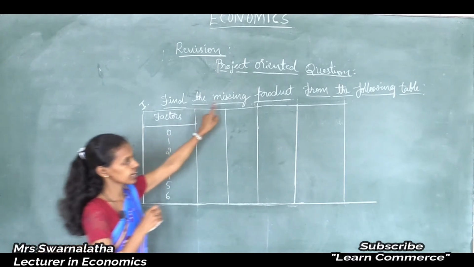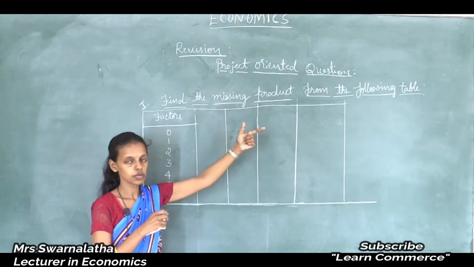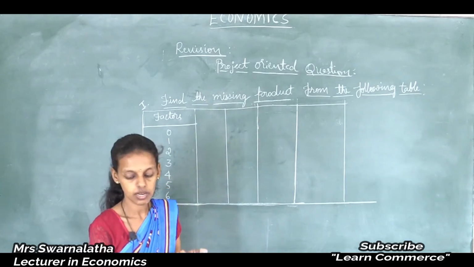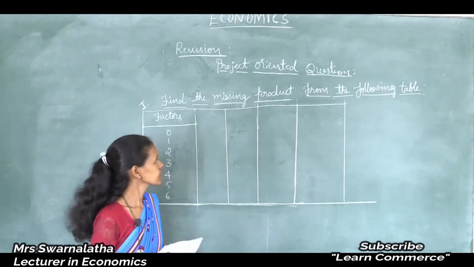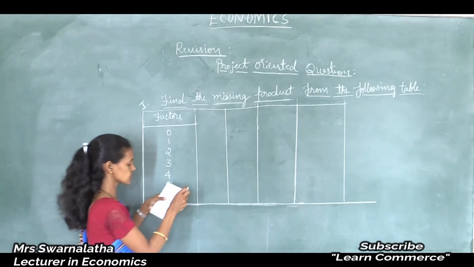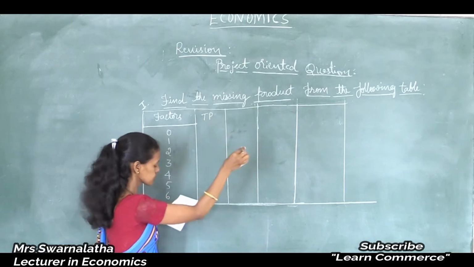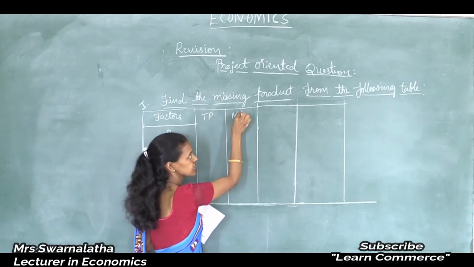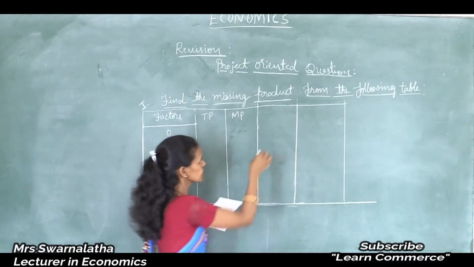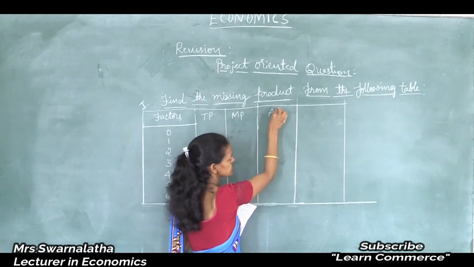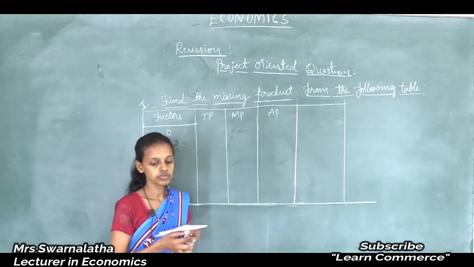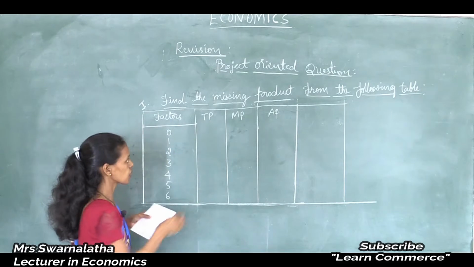So we should find the missing products. Total product, average product, marginal products are given. You should find the missing products. Total product is given as TP, marginal product is given as MP, average product is given as AP. So we have to find the missing product here.